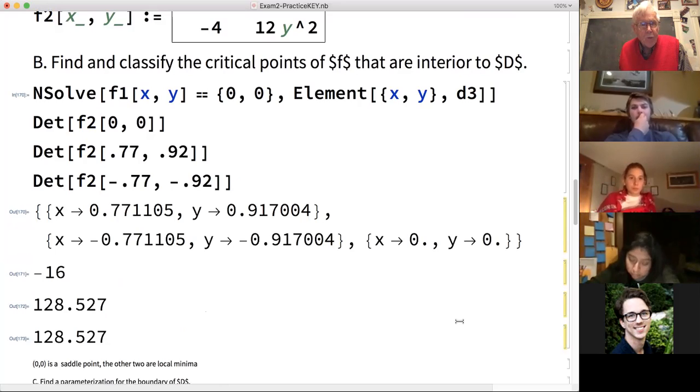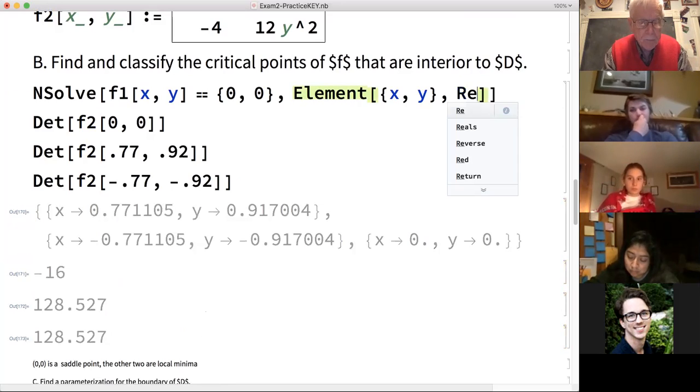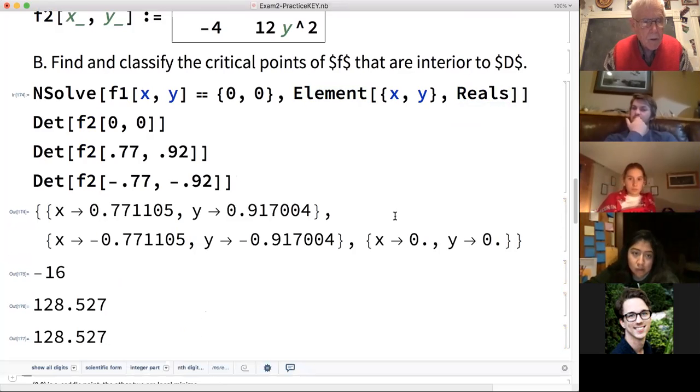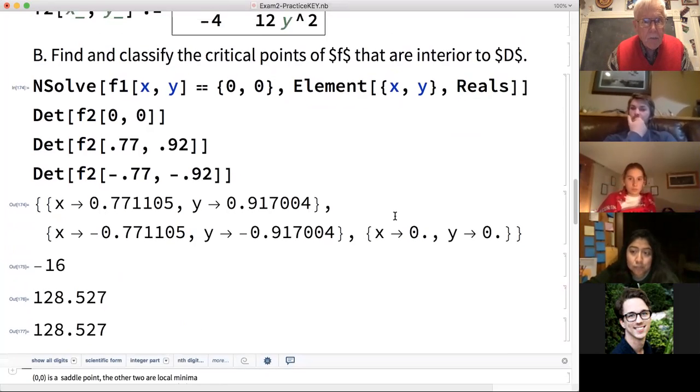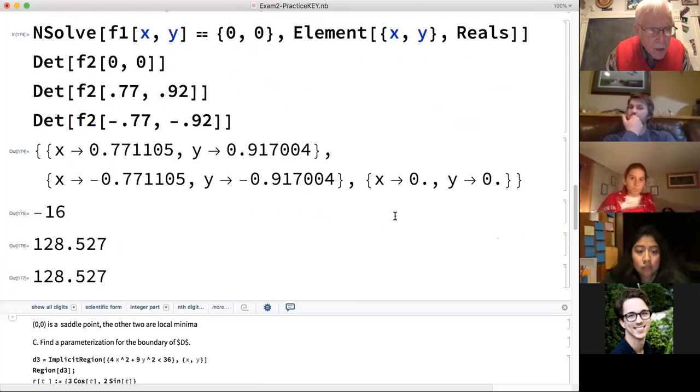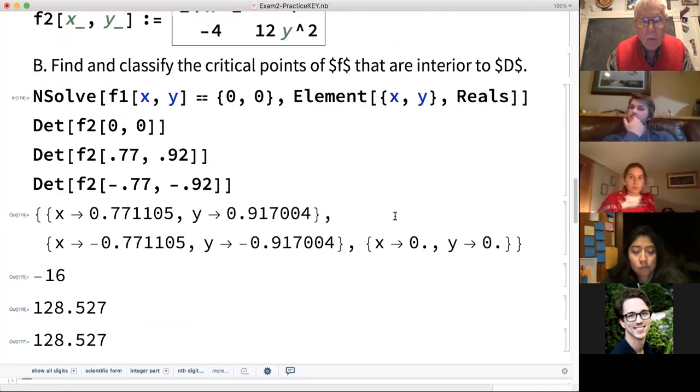So if you don't specify that, suppose I just wanted the real solutions. I thought there were more, but maybe there aren't. Maybe this is all of them. Yeah, that's all of the real ones.